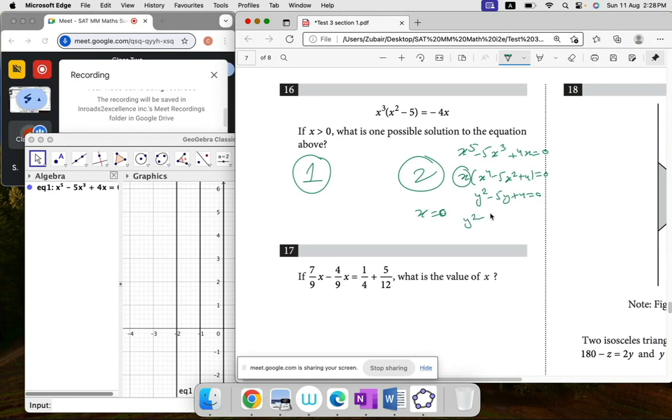And y square minus 4y minus y plus 4 is equals to 0 makes it y minus 4, y minus 1 equal to 0, and y is equals to 4 and 1. So x square is equals to 1, x is equals to plus minus 1, and x square is equals to 4, so x is equals to plus minus 2. So positive value, it could be either 1 or 2. Any disagreement?